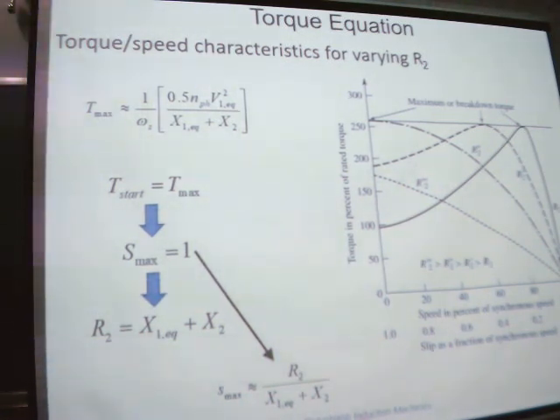It can be connected outside, and used to control and adjust the speed of the rotor. We will come back to this issue of starting the induction motor next week.